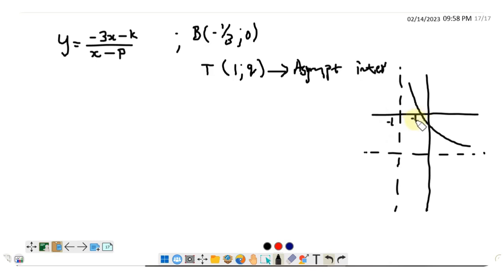This is negative 1 over 3, because this is negative 1 over 3 and 0. So this is point T, the point where the asymptotes intercept. So this point we want K and P.